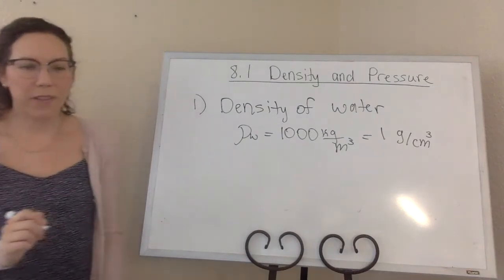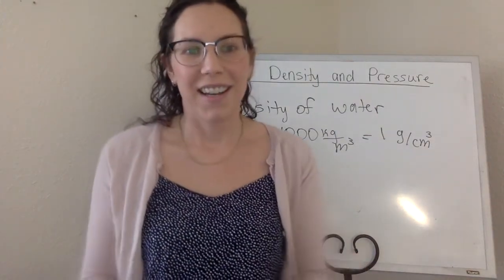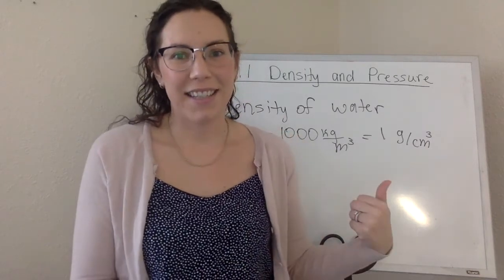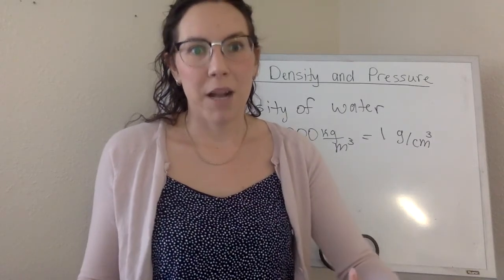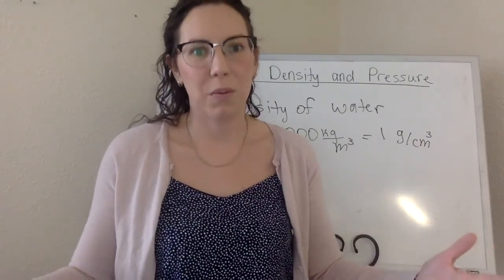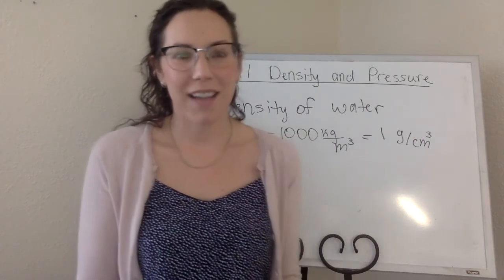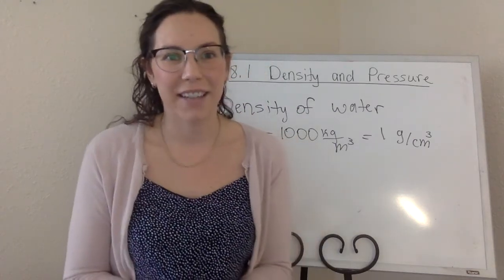And we know now after our section on thermal expansion that this is actually at 4 degrees. So at 4 degrees Celsius, this is the density of water, but it doesn't vary much from that, and certainly not to 1 or 2 sig figs around normal room temperatures. So you can use this and remember this if the question is asking you about water. We can always use that density.